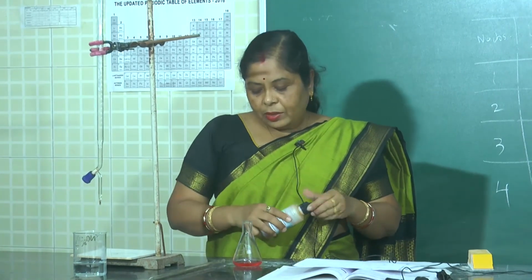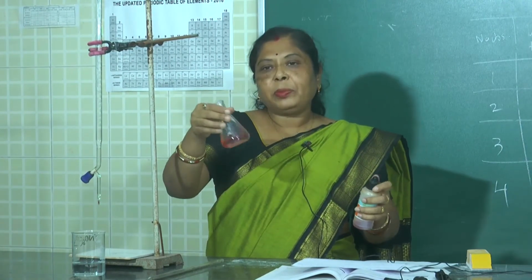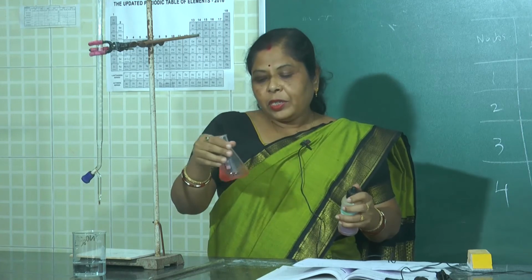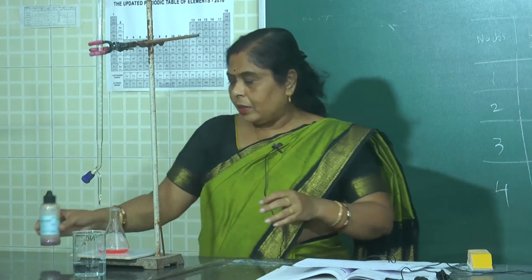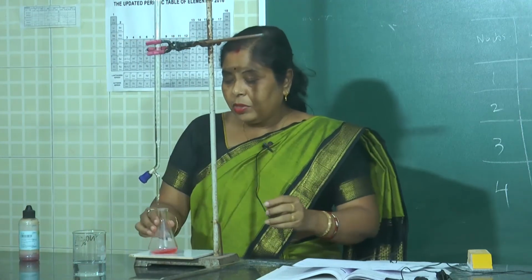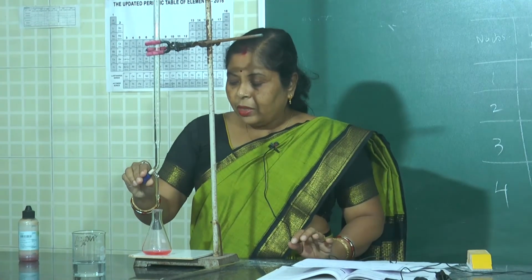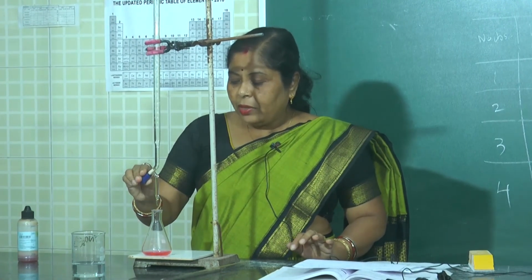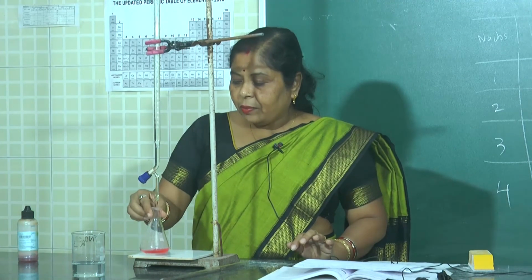When we add the methyl orange indicator, it is light pink in color, which after titration will become straw yellow. Now I am going to add Na2CO3 from the burette gradually to the conical flask to complete the titration.